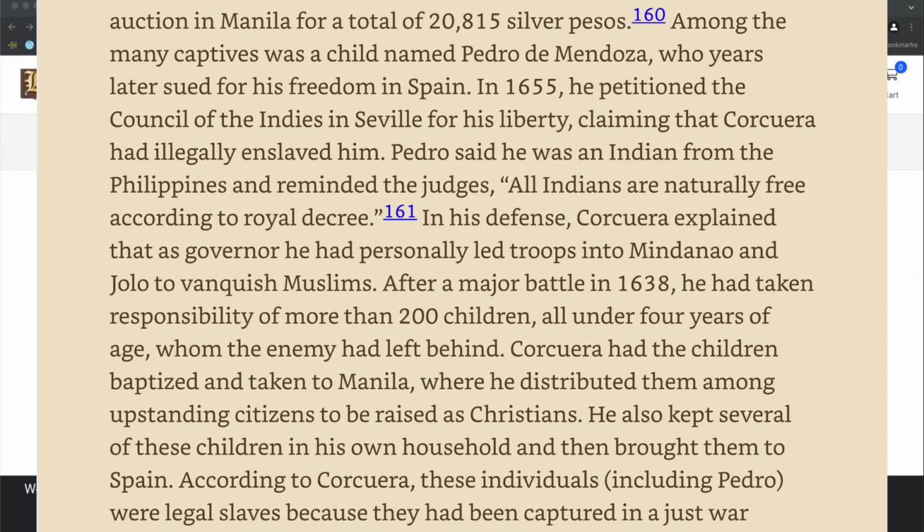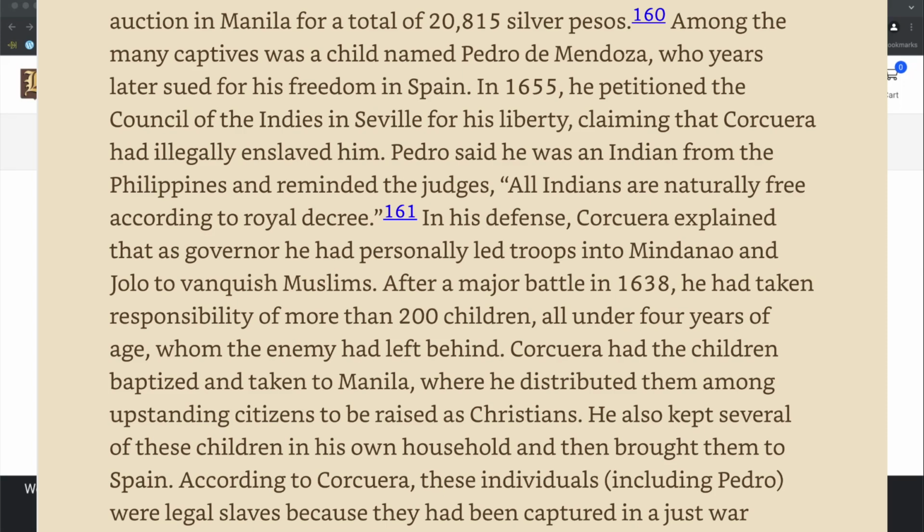In 1655, he petitioned the Council of the Indies in Seville for his liberty, claiming that Corcuera had illegally enslaved him. Pedro said he was an Indian from the Philippines, not from America, and reminded the judges all Indians are naturally free according to royal decree.